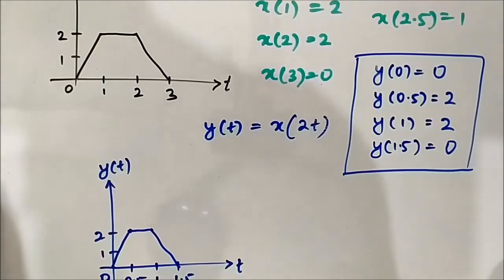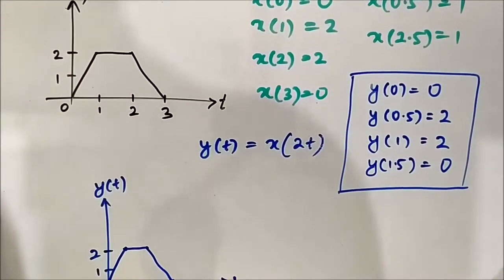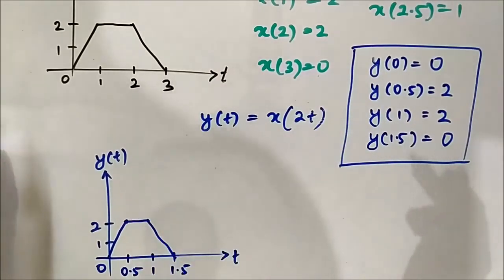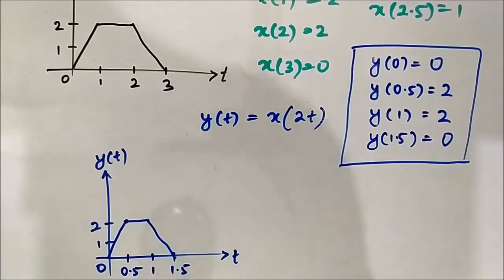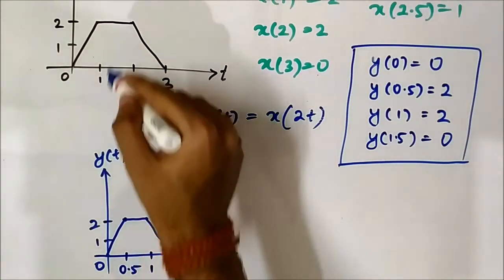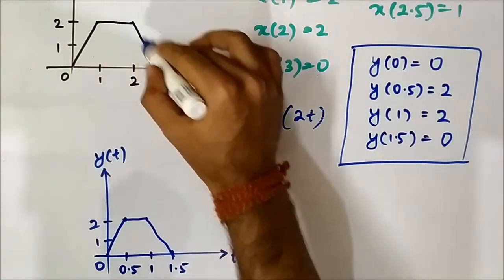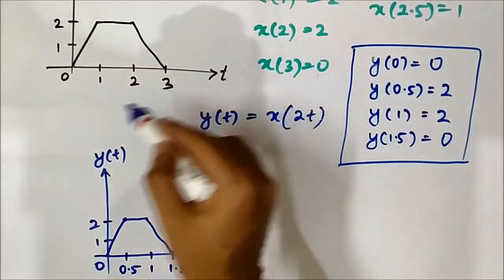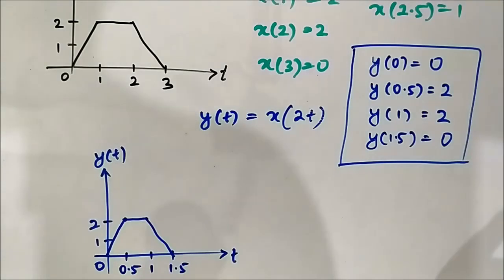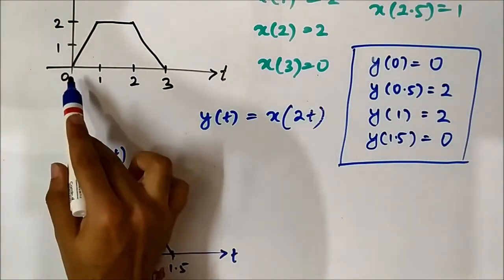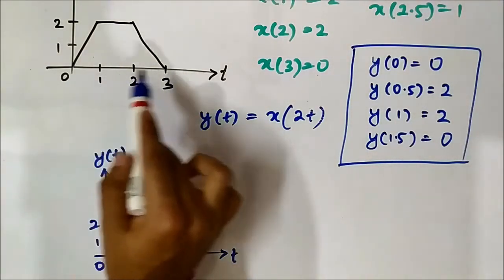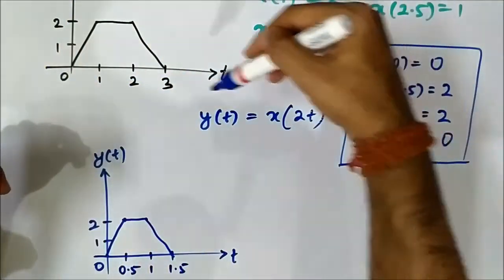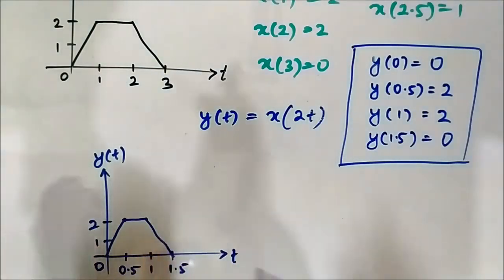So if we compare these two signals, I hope both the signals are visible, the general shape of the signal is intact, but the width in terms of the horizontal axis, the time axis, has decreased.